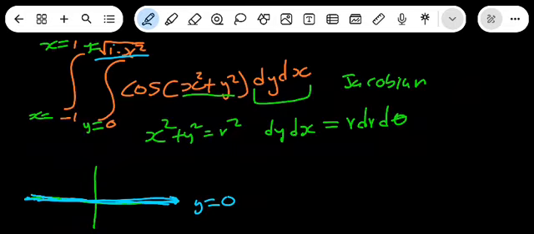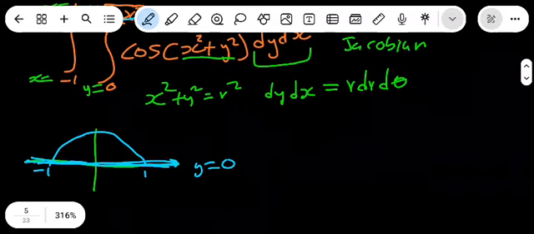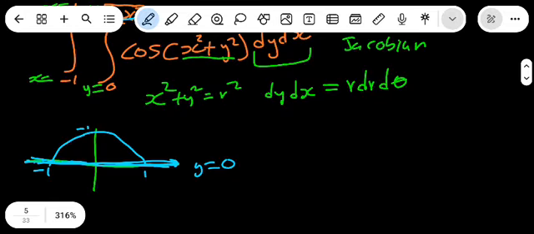So we know that the radius there will simply be equal to 1, isn't it? So we have here minus 1 up to positive 1. It will cut there at 1, so we'll have this semicircle there.